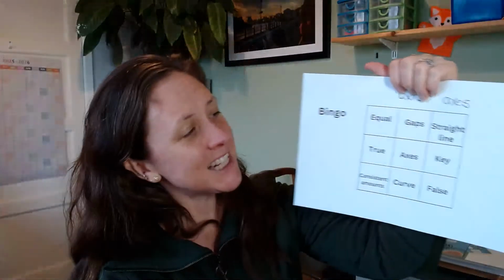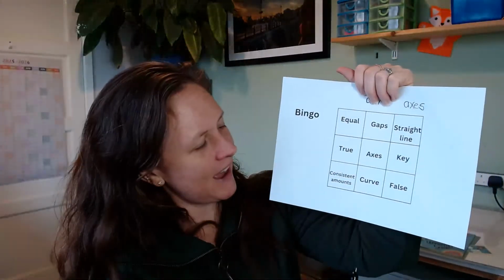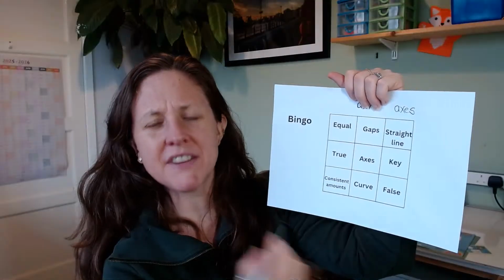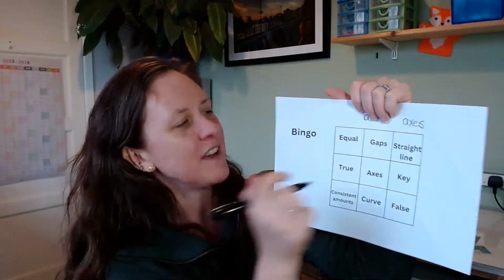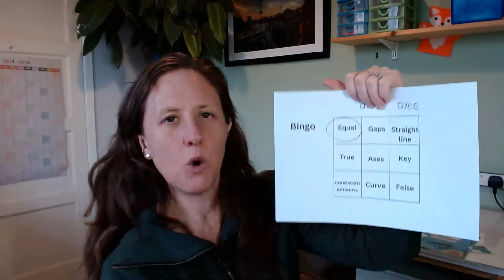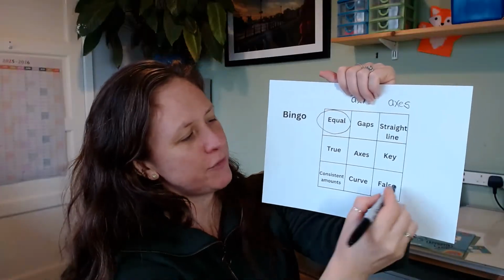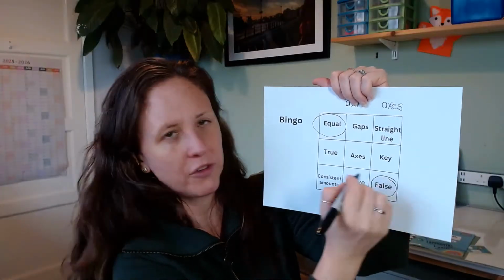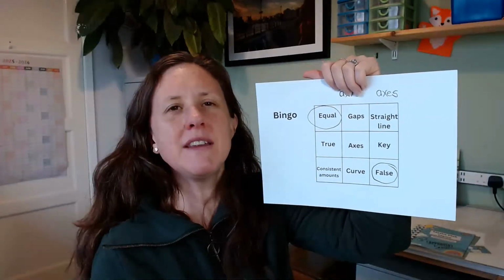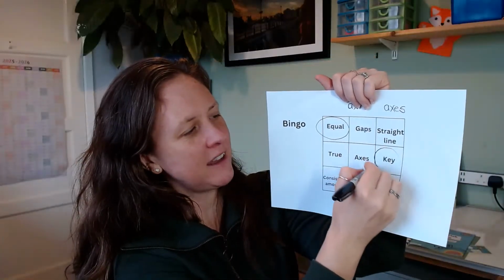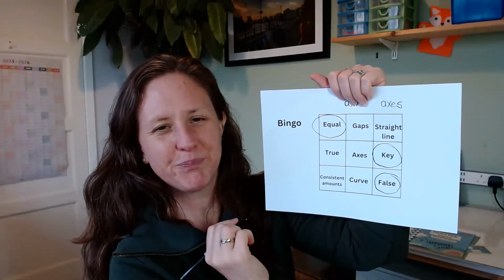Okay. Bars on bar charts must have equal width. Pictograms have no axes. Is that true or false? It's false. You need a key to interpret a pictogram.